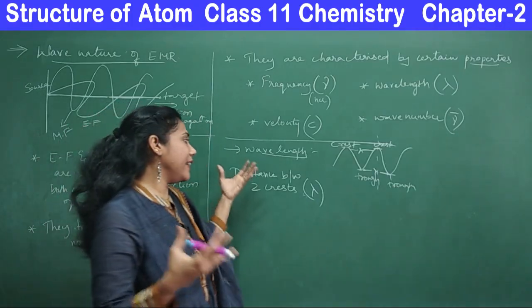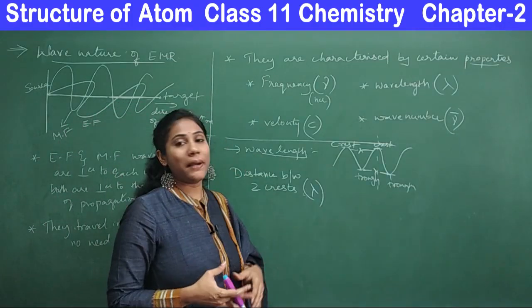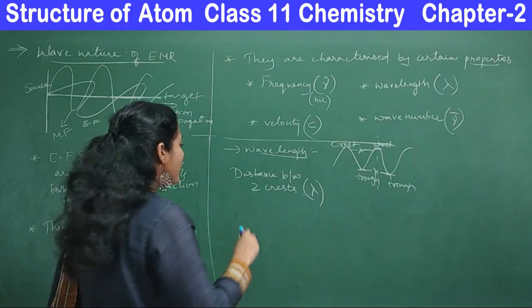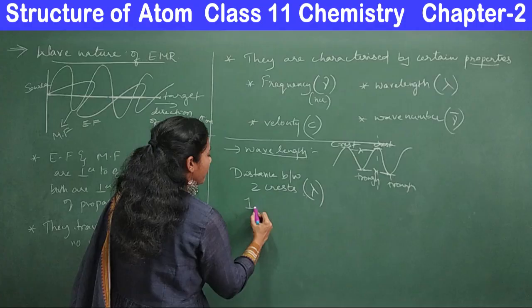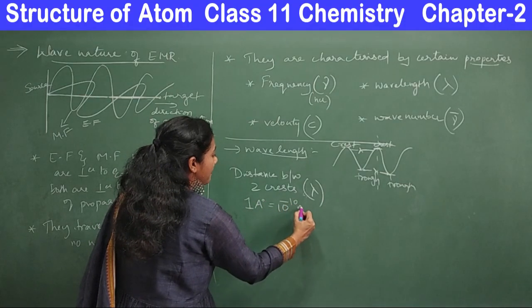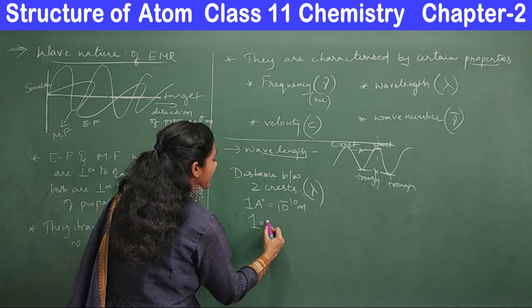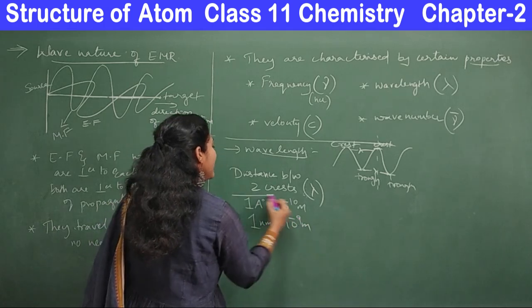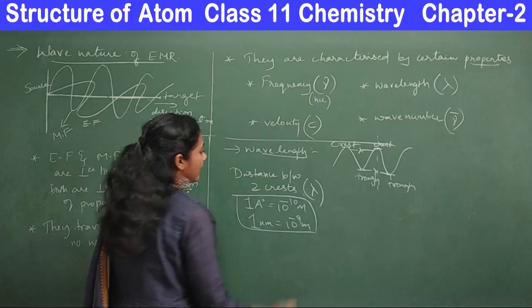We mainly take the wavelength of electromagnetic radiation in angstrom or nanometers. 1 angstrom is equal to 10 to the power minus 10 meters, and 1 nanometer is equal to 10 to the power minus 9 meters. So at least try to remember these unit conversions.